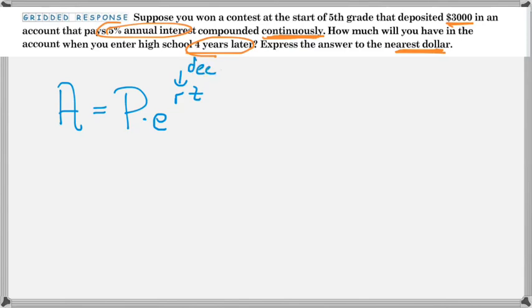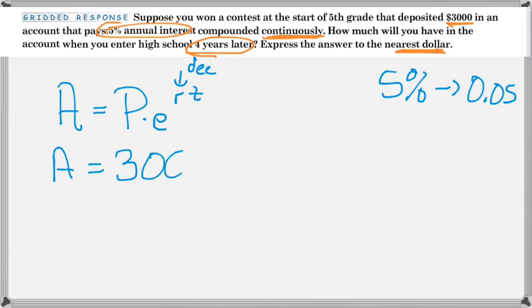And so 5% changed to a decimal is 5/100. So I am going to type in 3,000 times e, which you'll find in your exponentials, times my rate, times the time, which was 4 years.